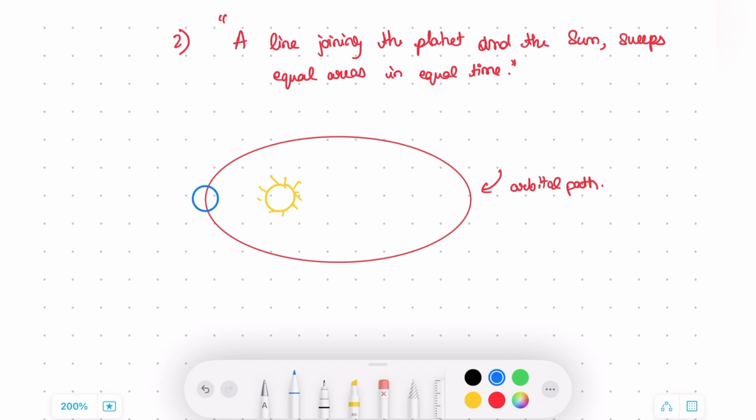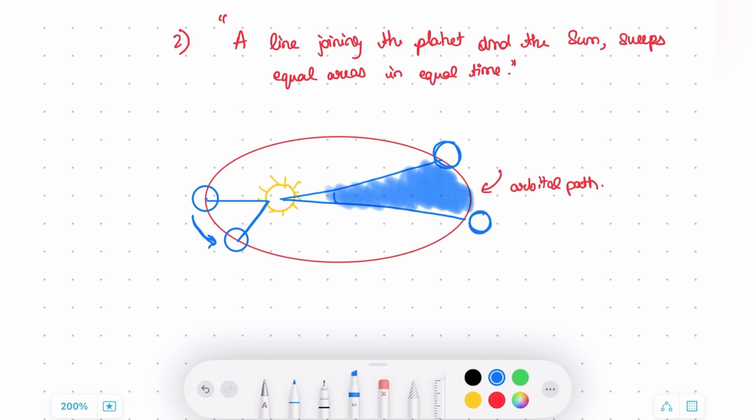So if I were to take a line joining the earth to the sun, in the course of the earth's revolution, the earth would sweep an equal amount of area. Okay, so let's say the earth was here and the earth was here. All of this area that you see, both of these areas would be equal.